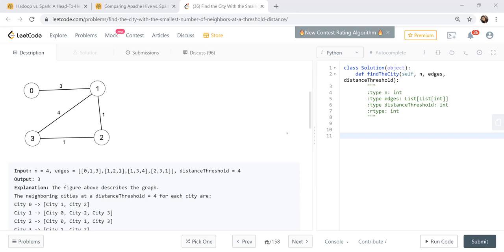In this case, let's assume you want to reach 0 to 3, where you're considering the intermediate node as either 1 or 2. Then you can consider 0 to 3 with both 1 and 2 as intermediates. That way you keep building your DP matrix. And at the end, you reach from source to destination considering any of the remaining vertices as intermediate. At max, you can have n minus 2 vertices in between.